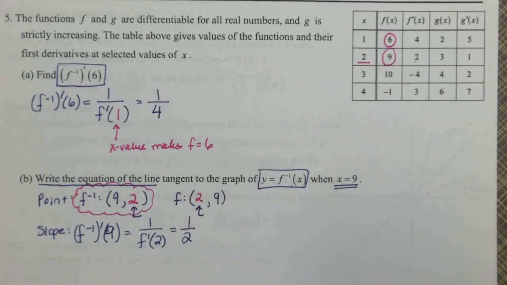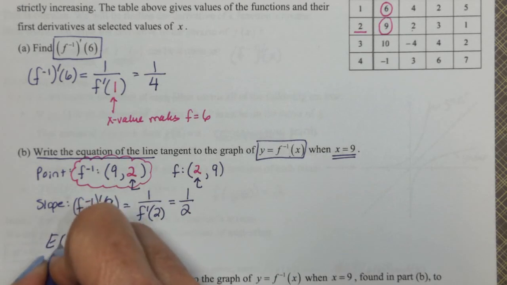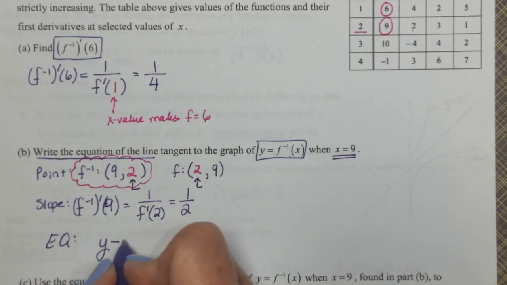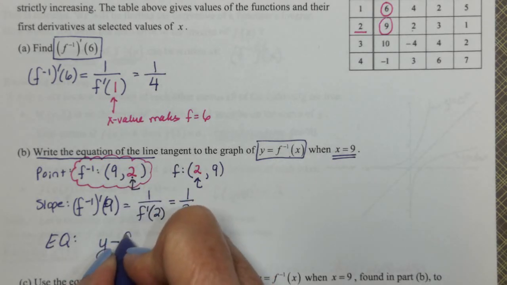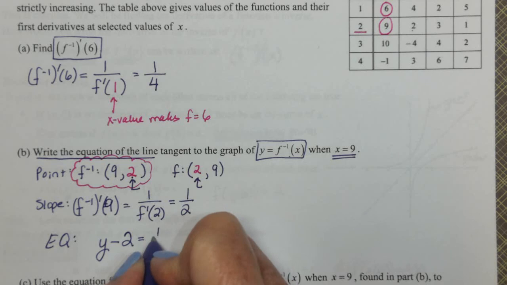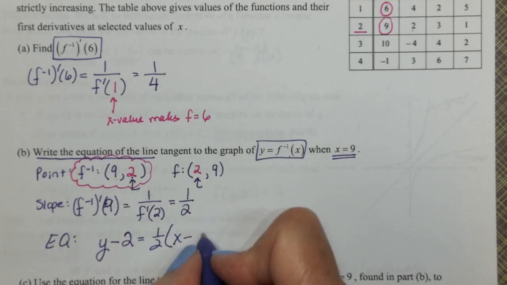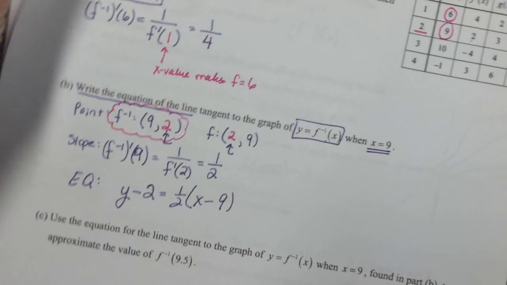So the slope is 1/2. Therefore, the equation of the tangent line would be y minus f inverse's y-coordinate is equal to 1/2, the slope, times x minus the x-coordinate of f inverse. Okay?